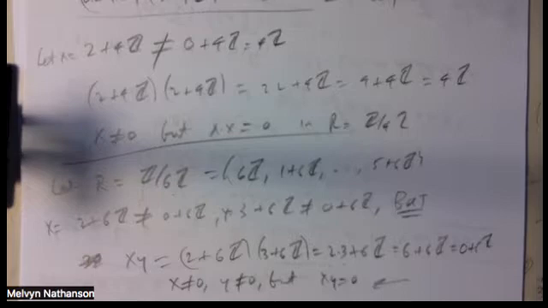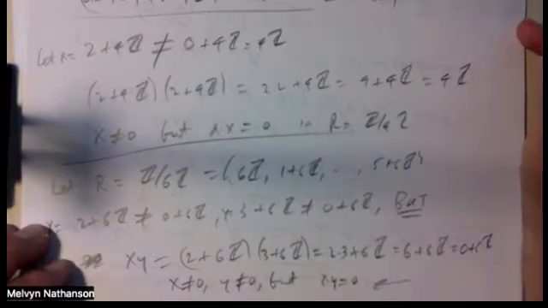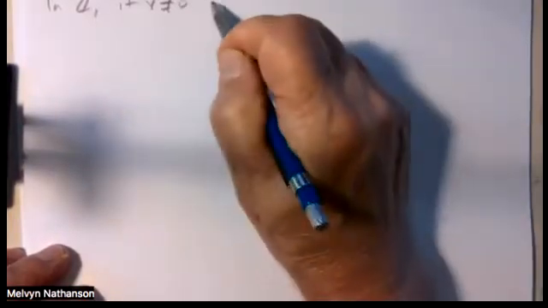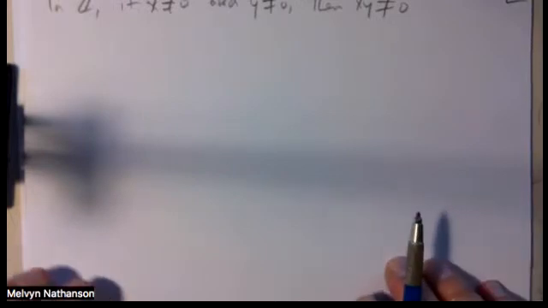So it can happen very easily in a ring that the product of 2 non-zero elements is 0. This cannot happen in the integers. So for example, in Z, the ring of integers, if x is different from 0 and y is different from 0, then xy is different from 0.